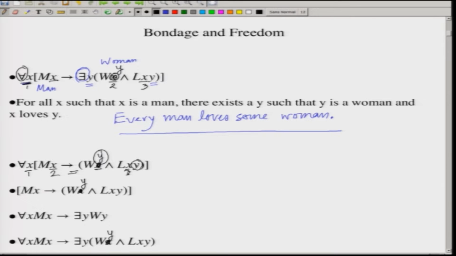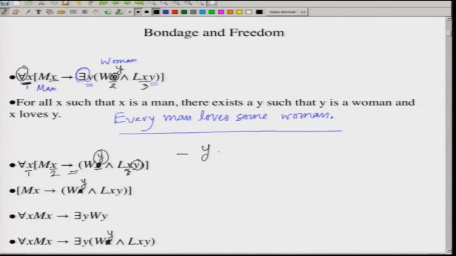Now, y is a woman means nothing, it is neither all nor some. So, the point is here y is unquantified. So, y is free.